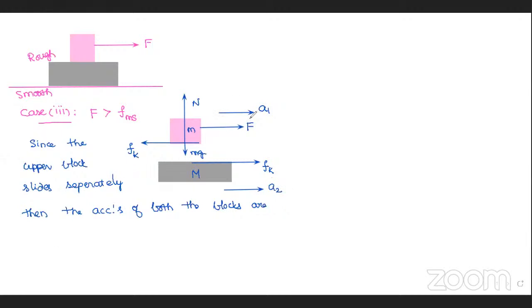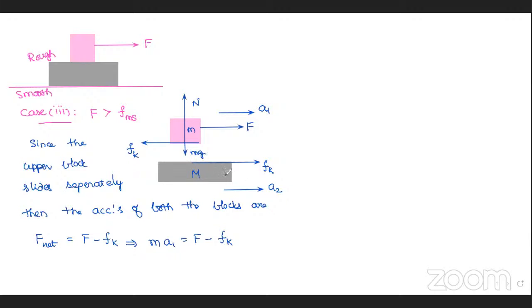It is moving towards right, so F is greater than Fk. So F net I write is equal to F minus Fk on the upper block. That implies on the upper block, F net is small m into its acceleration a1 equals F minus Fk.